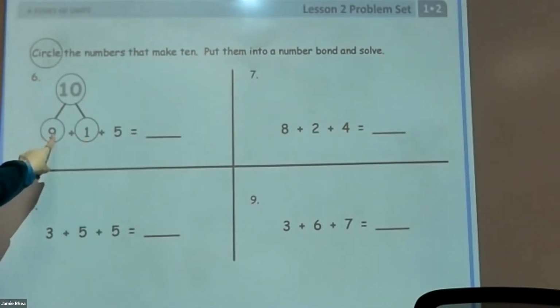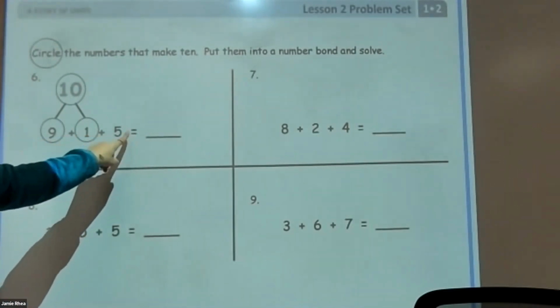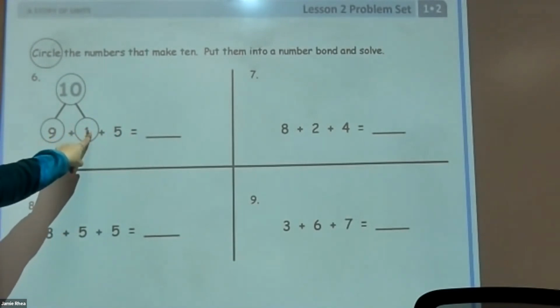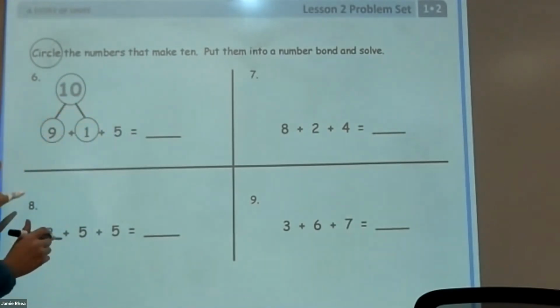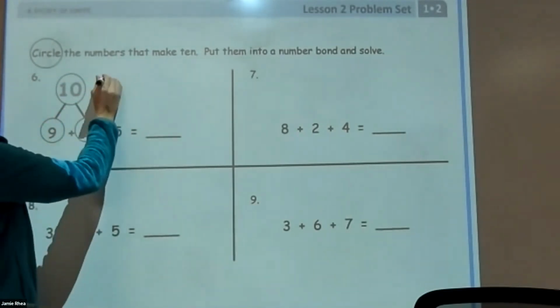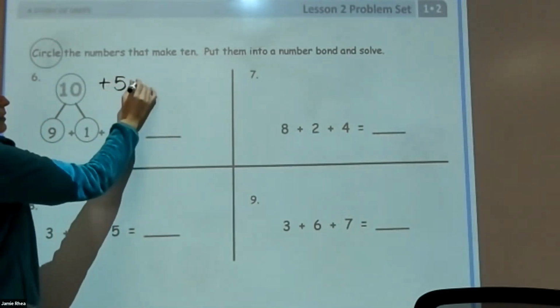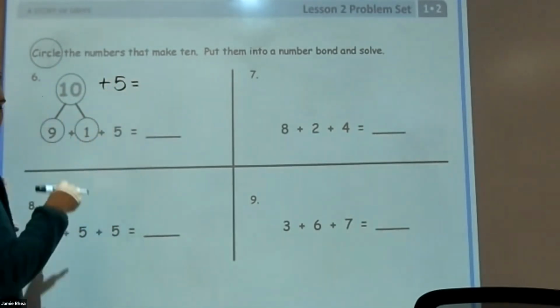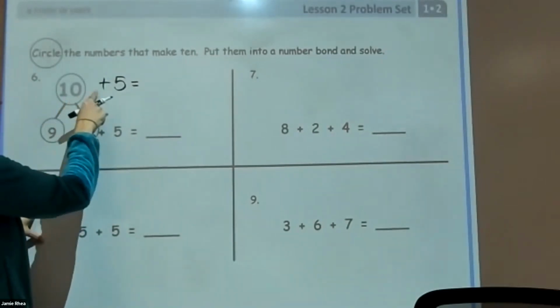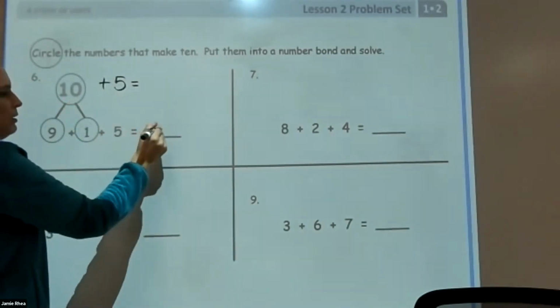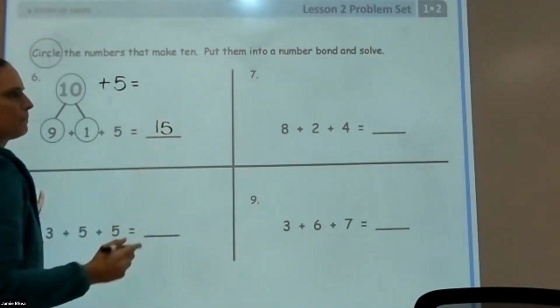Your problem was 9 plus 1 plus 5. I know that 9 and 1 make 10, so I circled them and made a number bond out of it, okay? Now I have to say 10, I'm gonna write 10 plus 5 equals, because that's gonna help me. You don't have to draw that, but I'm gonna do it because it helps me. Because now I know 10 plus 5 more equals 15.